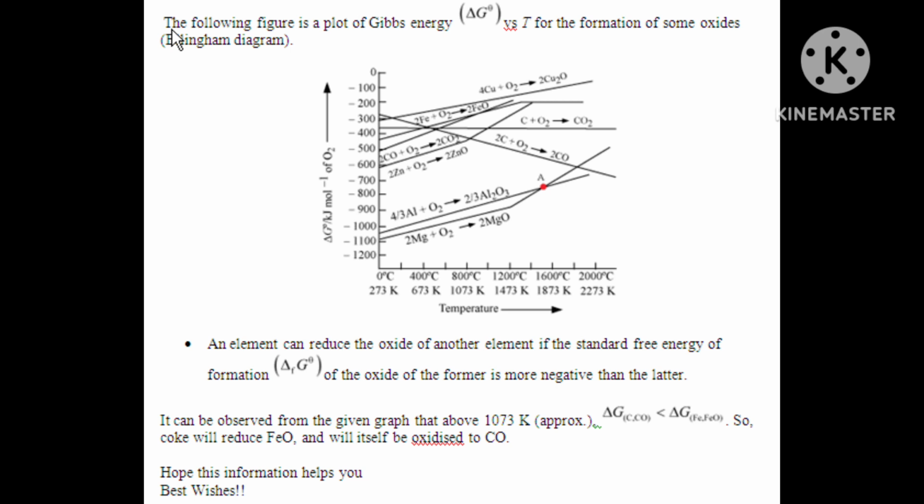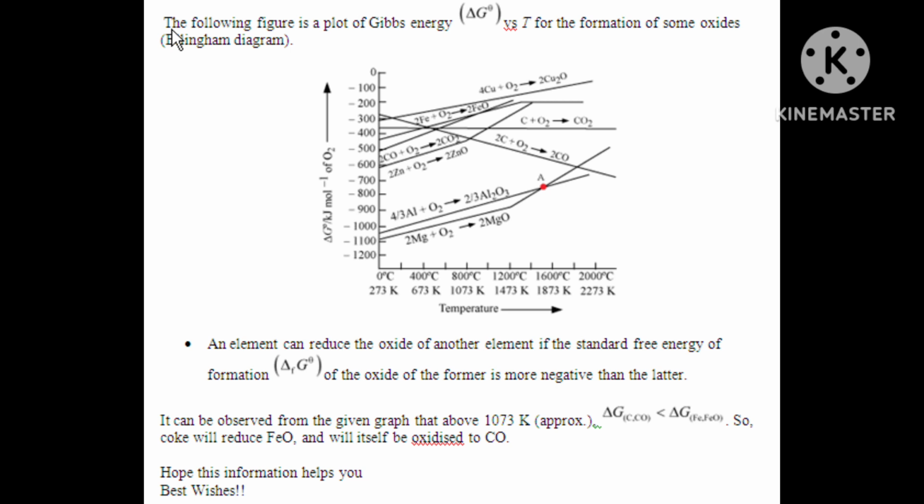Now second, I am telling you, second problem. Although thermodynamically feasible, in practice magnesium metal is not used for reduction of alumina in the metallurgy of aluminum. Why? This question is asked.